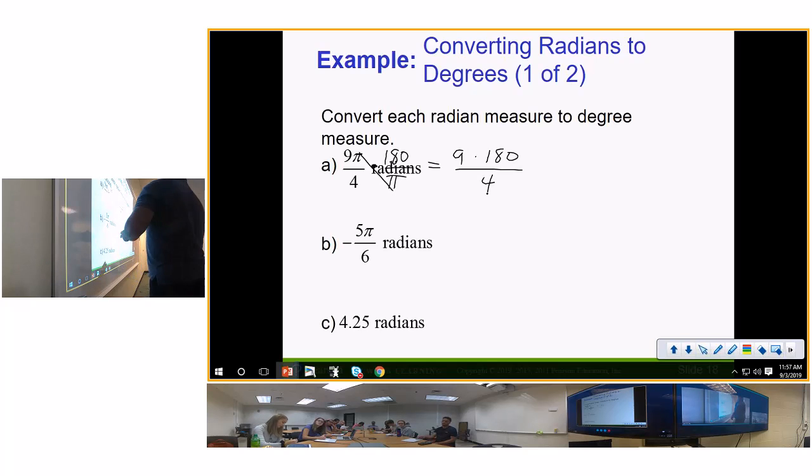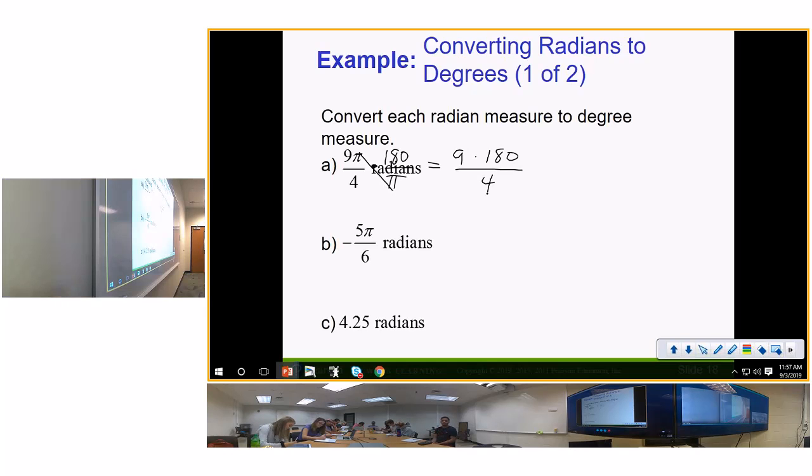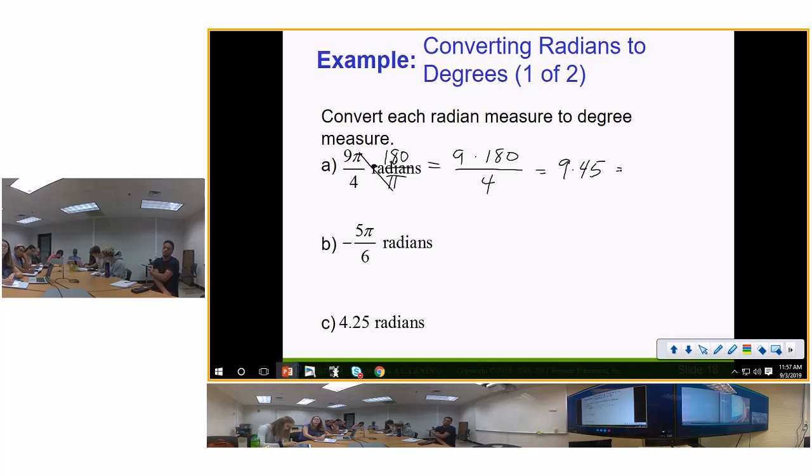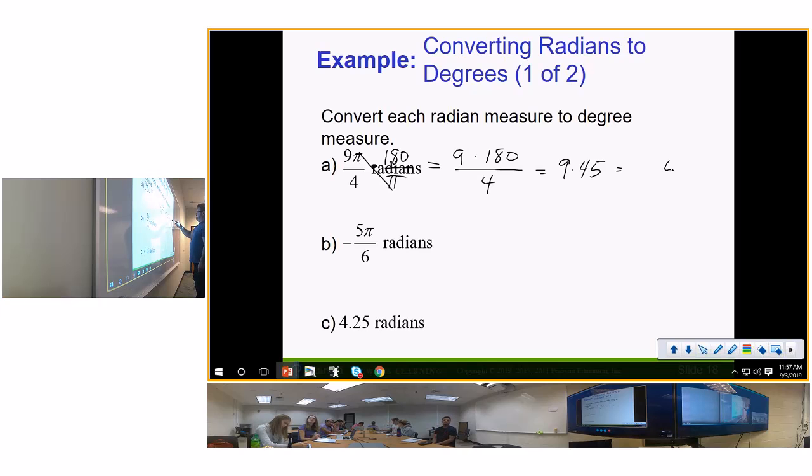Of course, I'm going to try to reduce. I know 4 will go into 180, 45 times. So 9 times 45. 9 times 5 is 45.